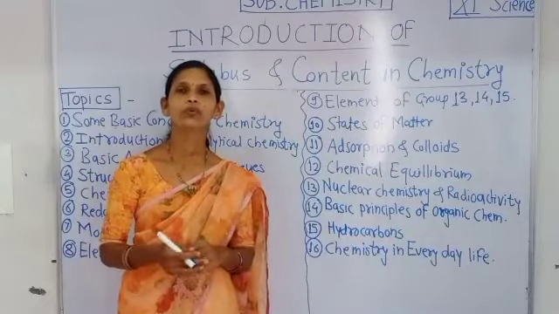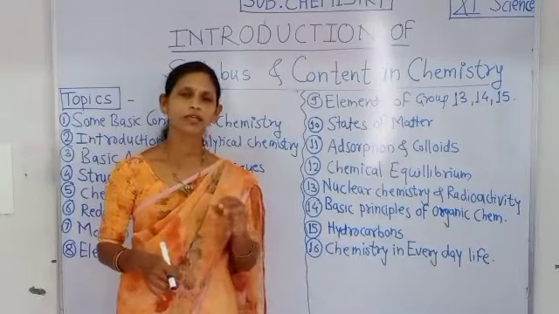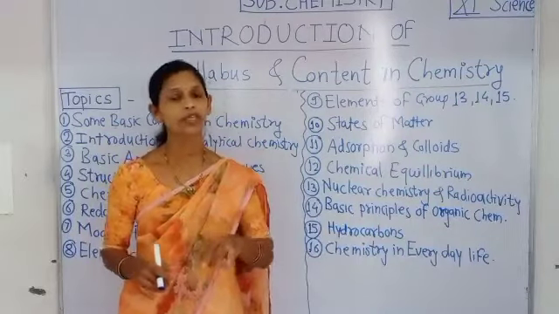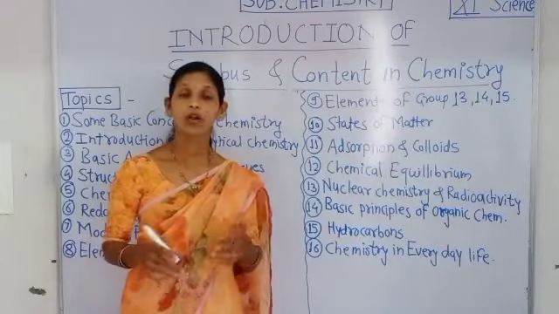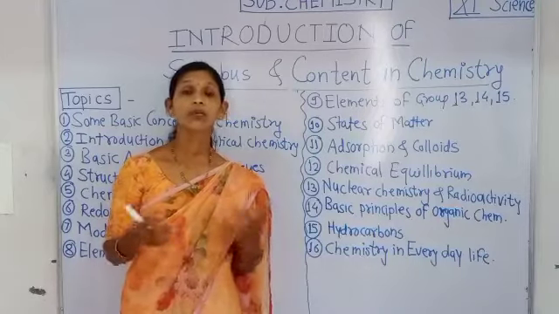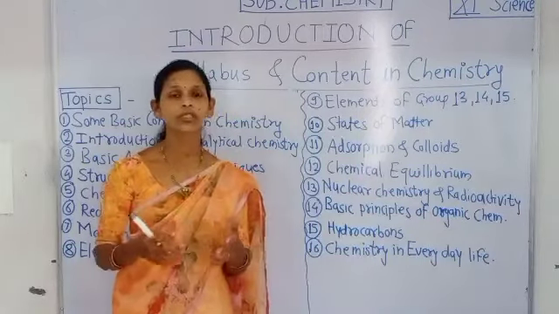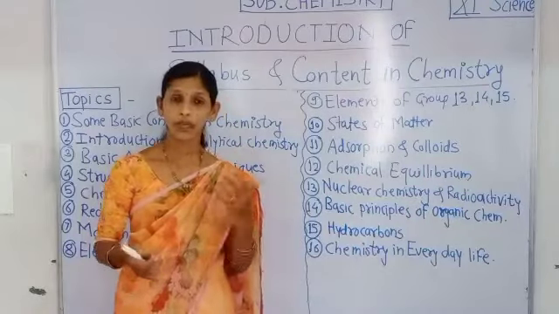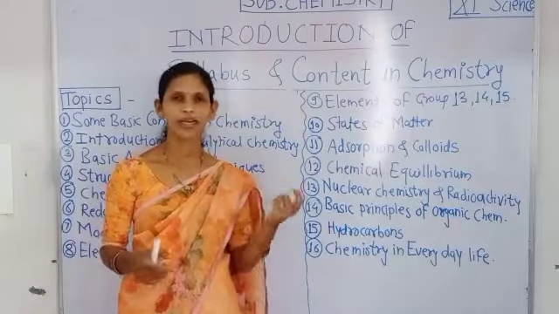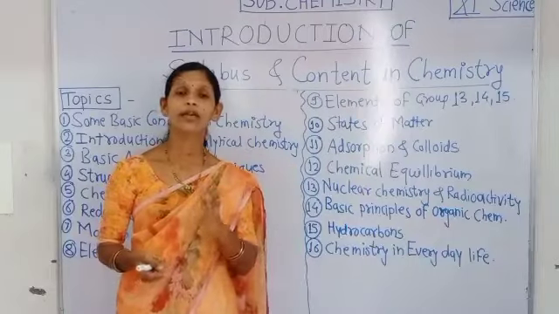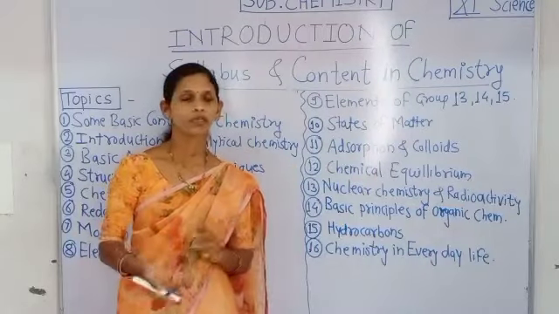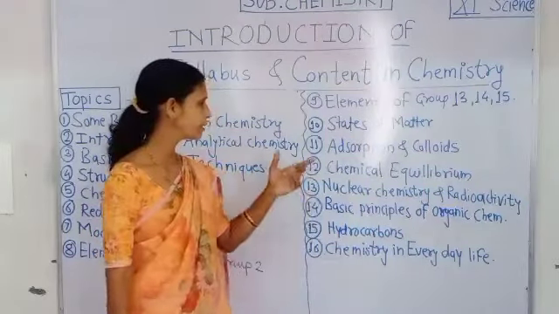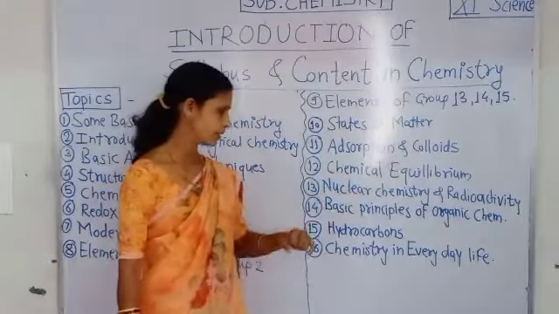Those are a few radioactive substances, discovered by Henry Becquerel and Marie Curie. Uranium was discovered by Henry Becquerel. Thorium and radium were discovered by Marie Curie. We will discuss that in this chapter.